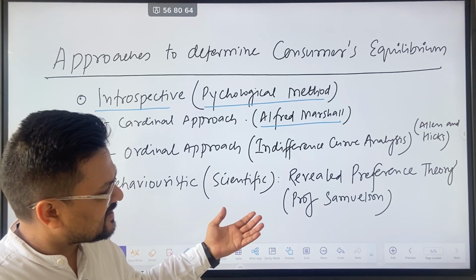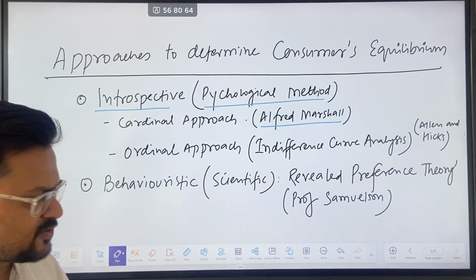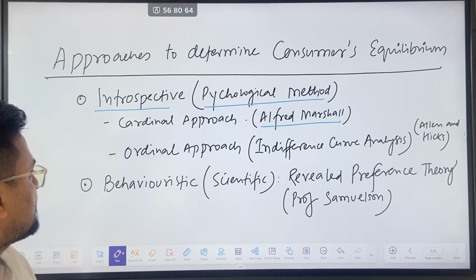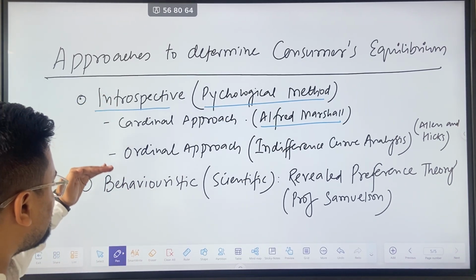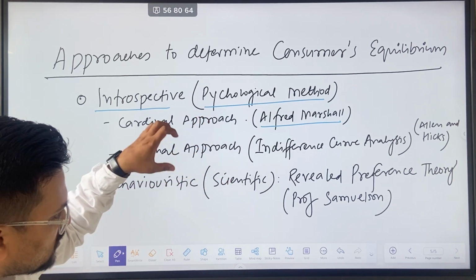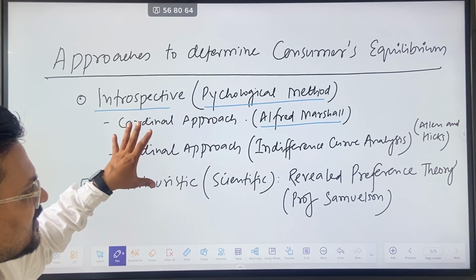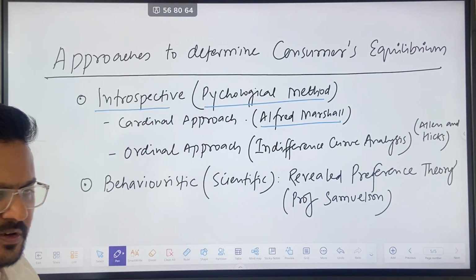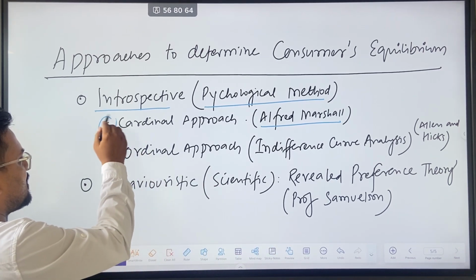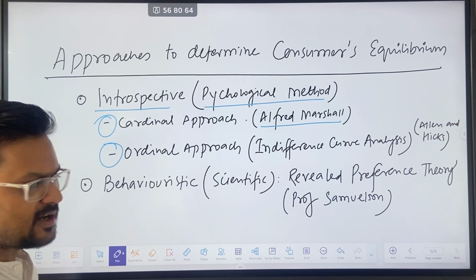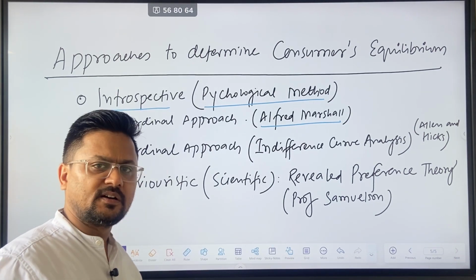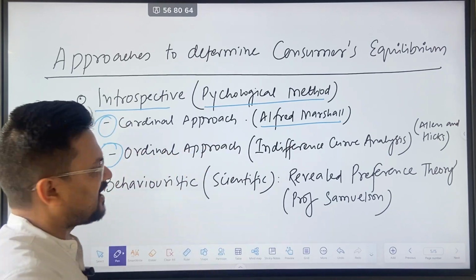You will be studying it at the undergraduate level. It was given by Professor Samuelson. So we have the introspective method and the behavioristic method, and these are the approaches to determine consumer's equilibrium. But our next slide will be mainly focused on the cardinal approach and ordinal approach only, right? So on the next slide, you are going to find the cardinal approach.